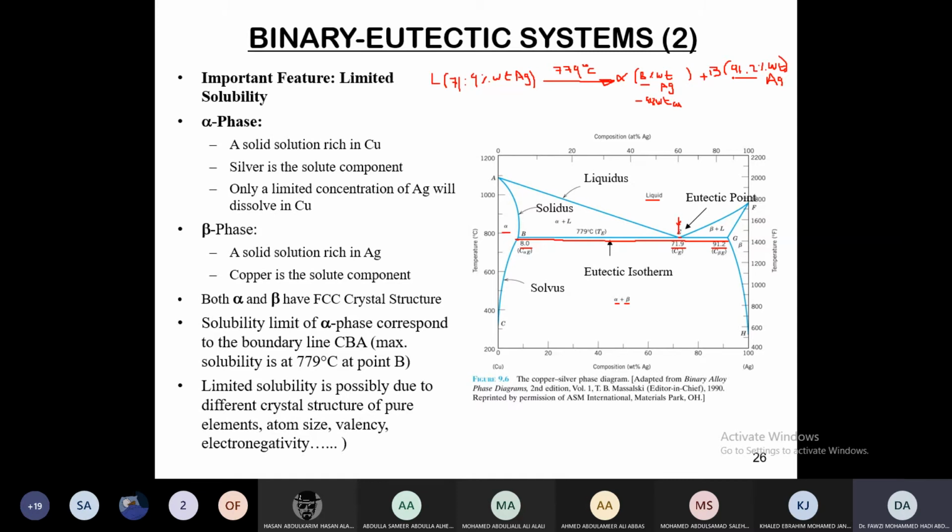This gives 8.8% by weight copper. So now this to that they add up to 100, and this to this they add up to 100. This is a different sort of solution, and this is a different sort of solution.